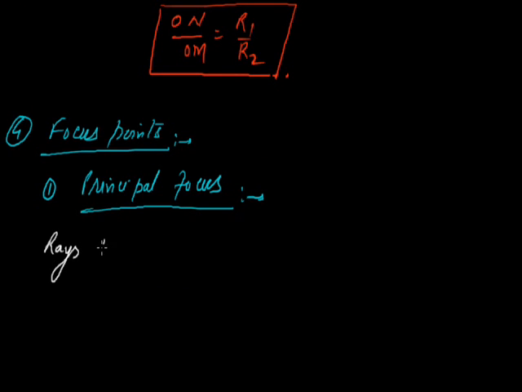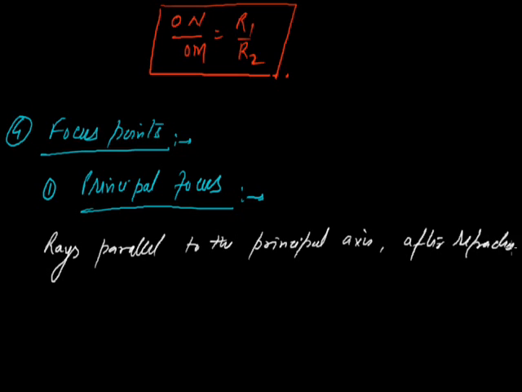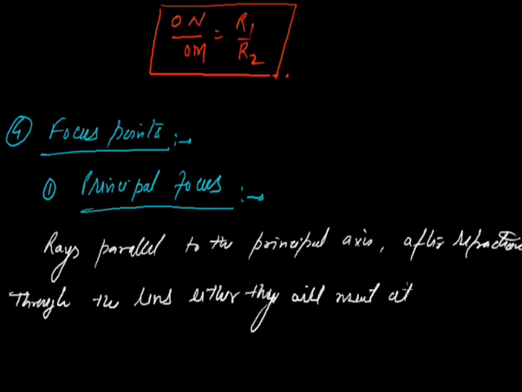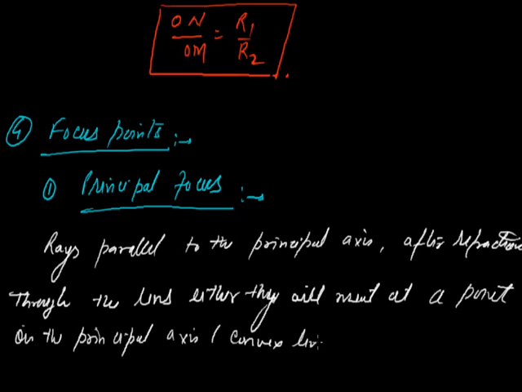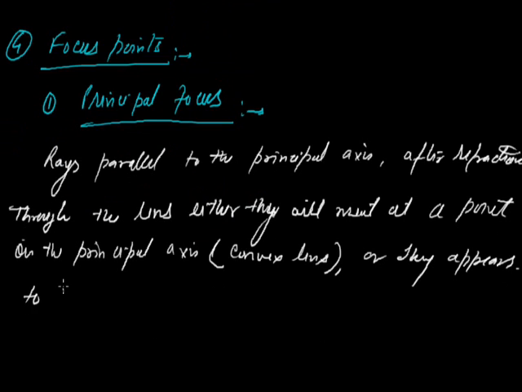Rays parallel to the principal axis, after refraction through the lens, either meet at a point on the principal axis, that's for a convex lens, or appear to diverge from a point on the principal axis.